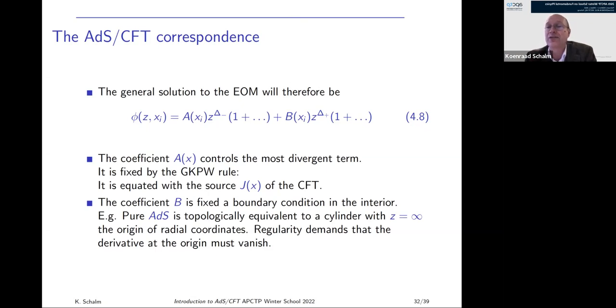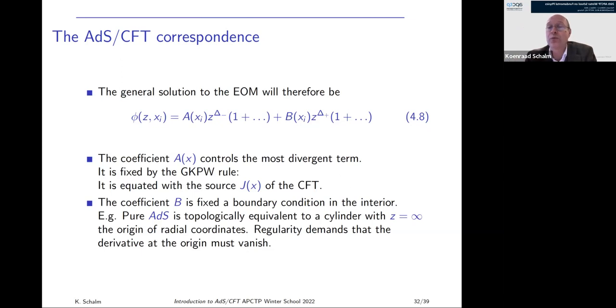It's like the center of polar coordinates. There's nothing special happening at z equals infinity. So therefore, regularity in pure AdS demands that the derivative of this function at the origin must vanish. The function must be continuous. And that is, in pure AdS, the boundary condition that you must impose.